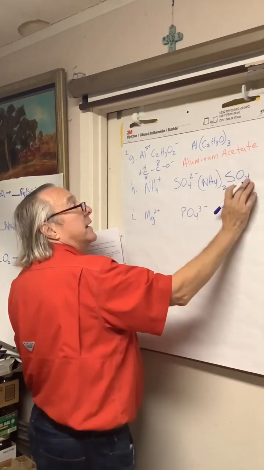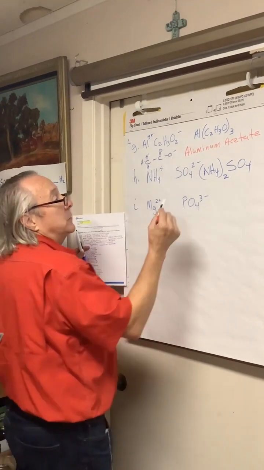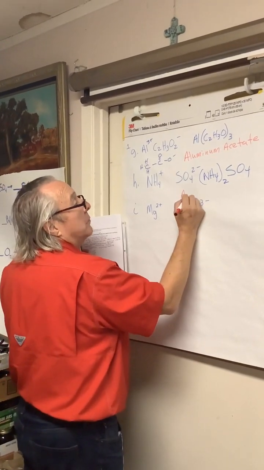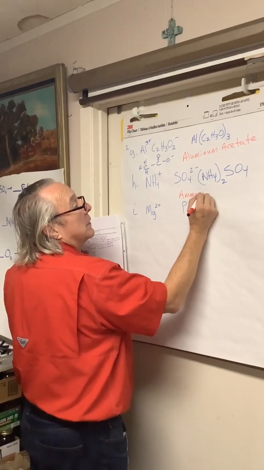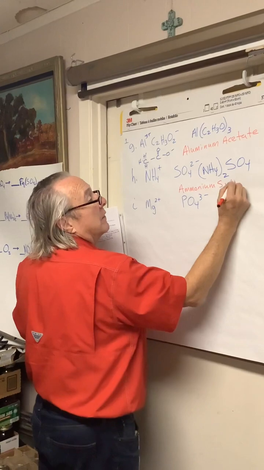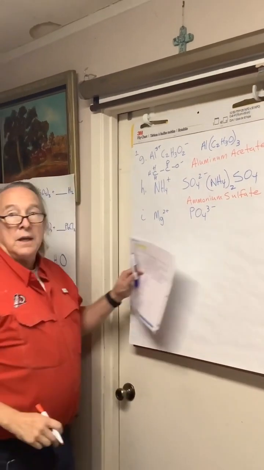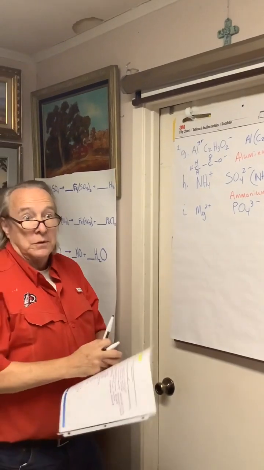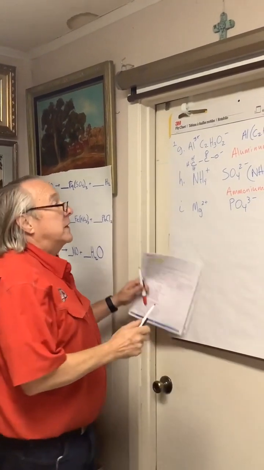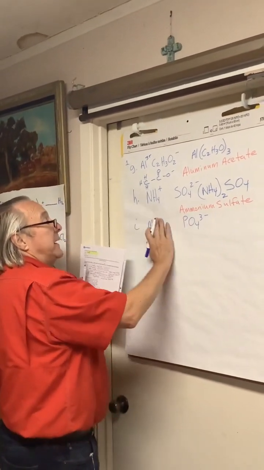And we name the cation first, the anion second. And this is a very common laboratory compound, ammonium sulfate. Spelled with an F in America, not a PH. And this is also a very common fertilizer. You can buy 50-pound sacks of it. Fairly cheap to make.